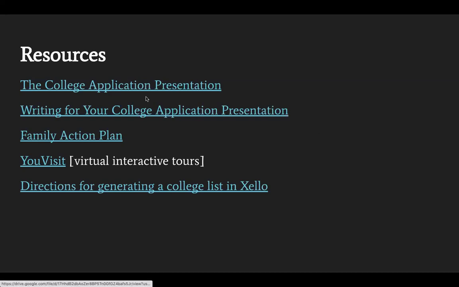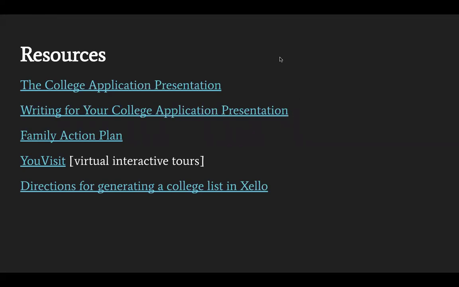So the resources here, again, this is a presentation on Common App and Coalition and individual applications that I recorded last year. This second link is about all aspects of writing for the college application. This list here is actually how you as a parent can help your child in planning for the college application process. UVisit is the site that I went over earlier that takes you through virtual interactive tours of schools.